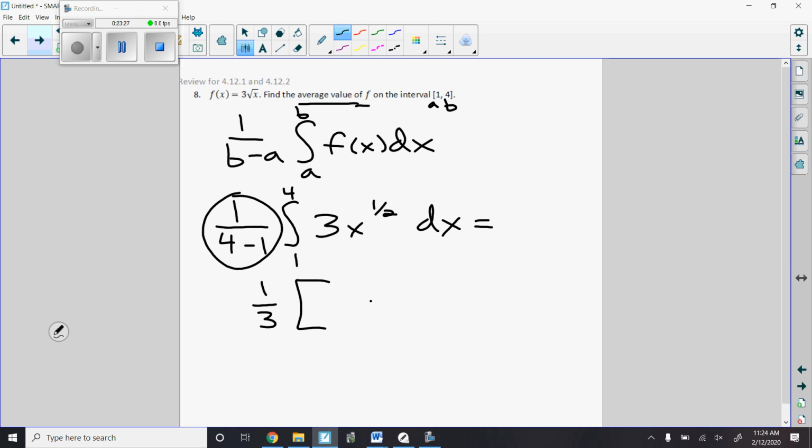I'm going to bump my power up by 1. I have half plus 1, or 2 over 2, which makes 3/2. And I'm going to take my coefficient 3 and divide by 3/2. But instead of dividing by 3/2, I'm going to multiply by 2/3. When I multiply by 2/3, I get 2 out.